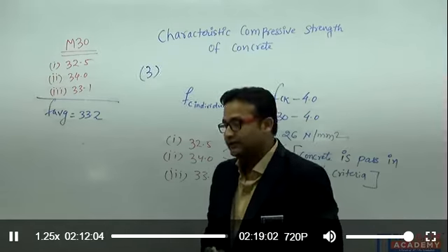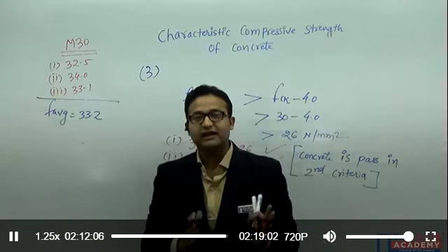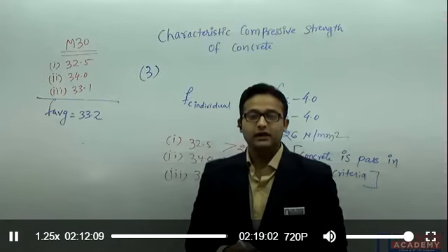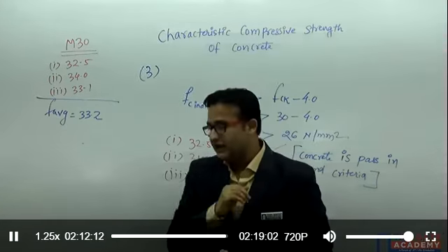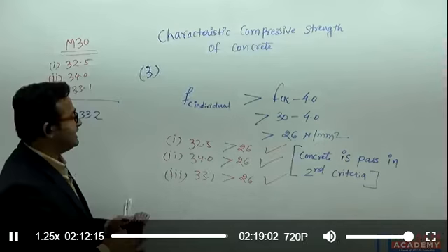One more statement is there, that is the individual test result. The variation in the individual test result shall not be more than 15% of f average. So let's calculate the variation in the individual test results.